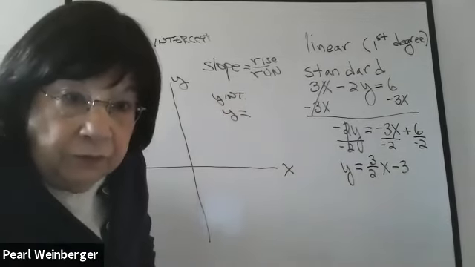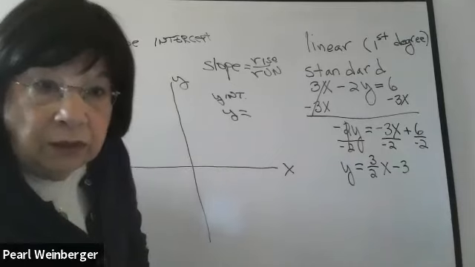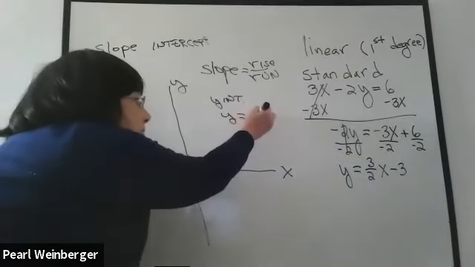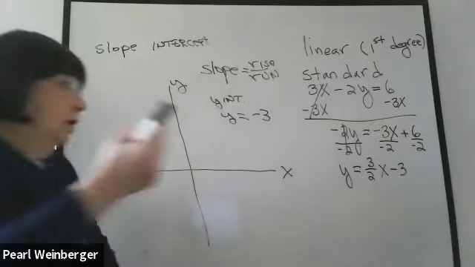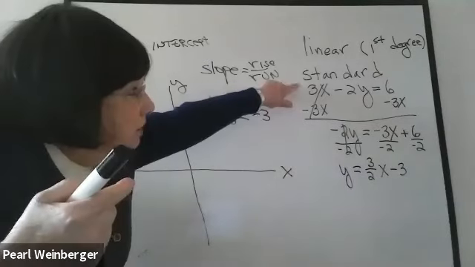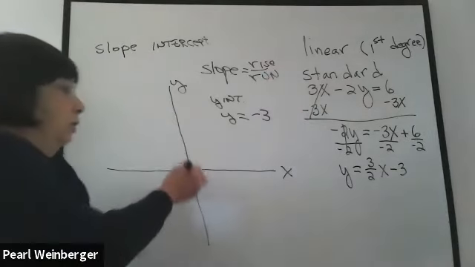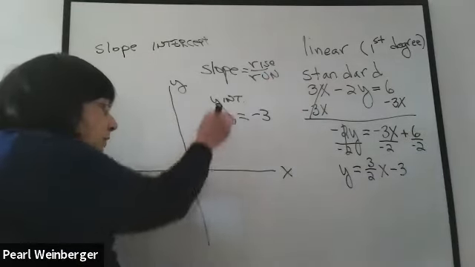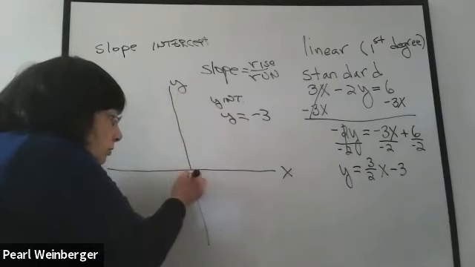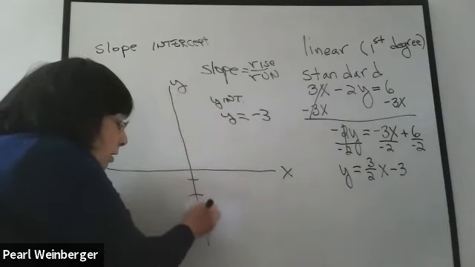So therefore, your y-intercept is going to be -3, which is what we had found out when we did it over here and we found the y-intercept. We go to that y-intercept, which means on the y-axis, we go down 3.